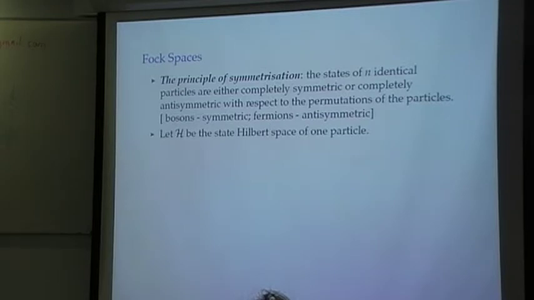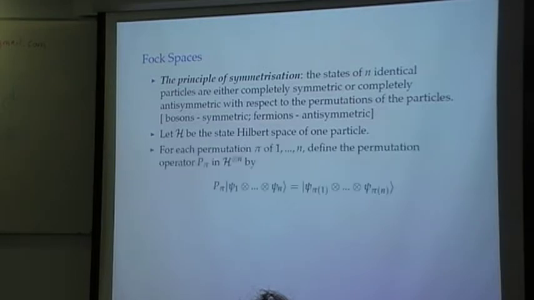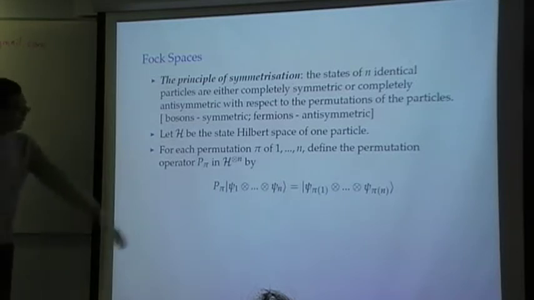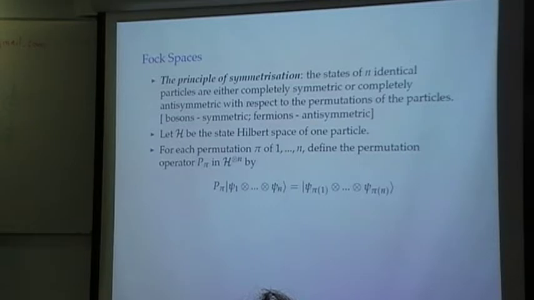Okay, then suppose we have H, which is the state space of a single particle, and for any permutation pi of 1 to n, we can define the permutation operator P_pi in this n-particle state space, H tensor n, in a very natural way.